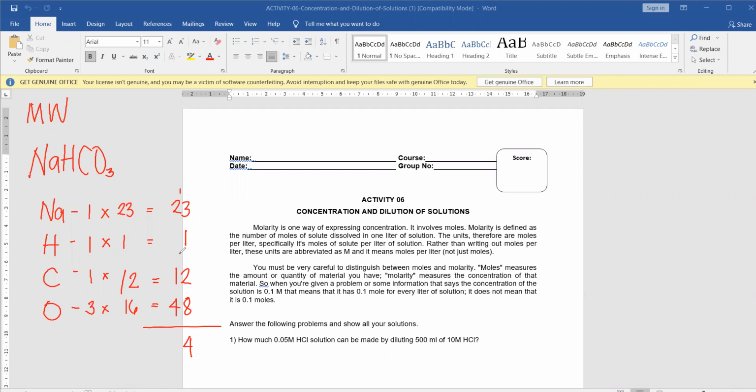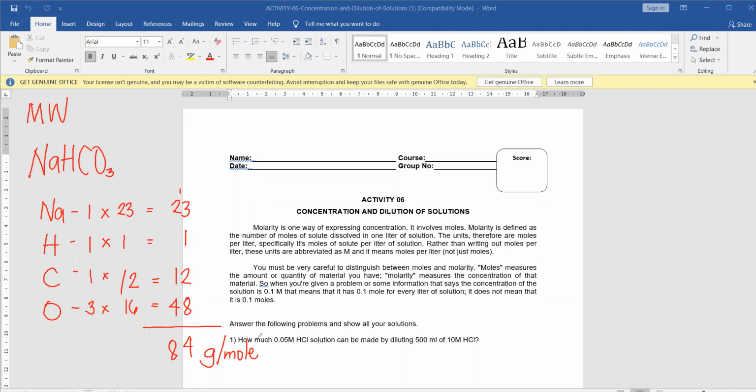We have 3, 4 plus 4, 8. Okay, very good. So the total here is 84, which means that the molecular weight of sodium bicarbonate is 84 grams per mole. Okay, that is how you will compute for the molecular weight.